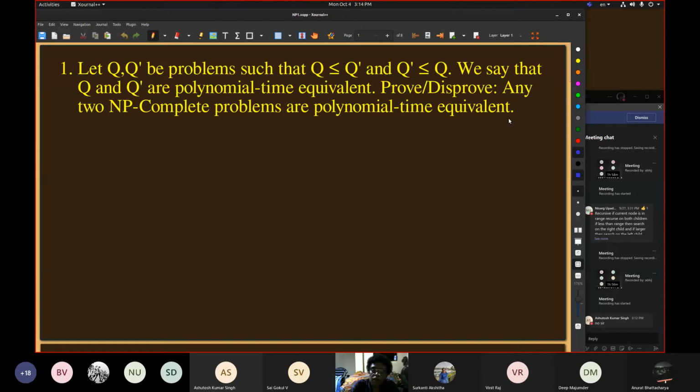So if you can find a polynomial time algorithm for any of the NP-complete problems, all other NP-complete problems can be solved in polynomial time. Okay. So how to prove this? I think this is just a couple of minutes of thinking, should not be more than that.